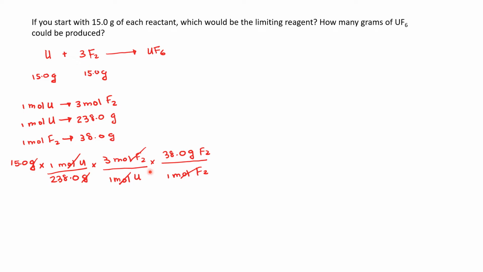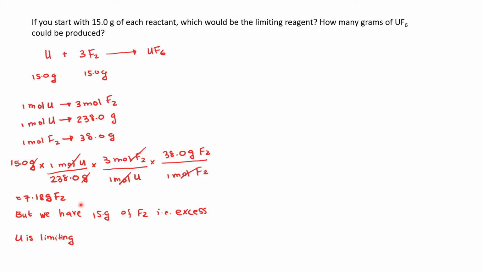Next we convert this number of moles to grams, using the molar mass of fluorine. We know 1 mole of fluorine weighs 38.0 grams. And then the answer is 7.18 grams of fluorine.